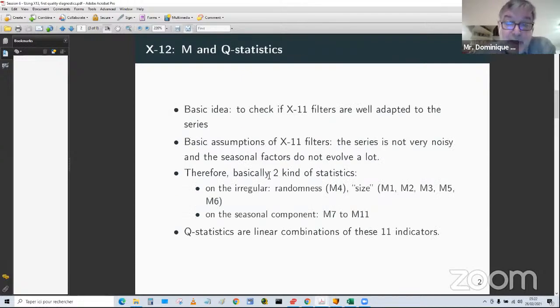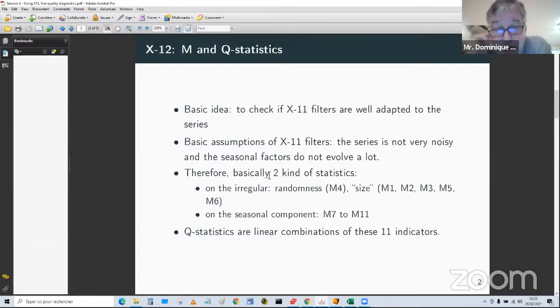So what do we have? We have, in fact, in X12, X11, what we call the M and Q statistics. We had a question on them yesterday. So let me explain roughly what they are doing. The basic idea is that you are going to check if the choice of the filters was relevant according to the series.